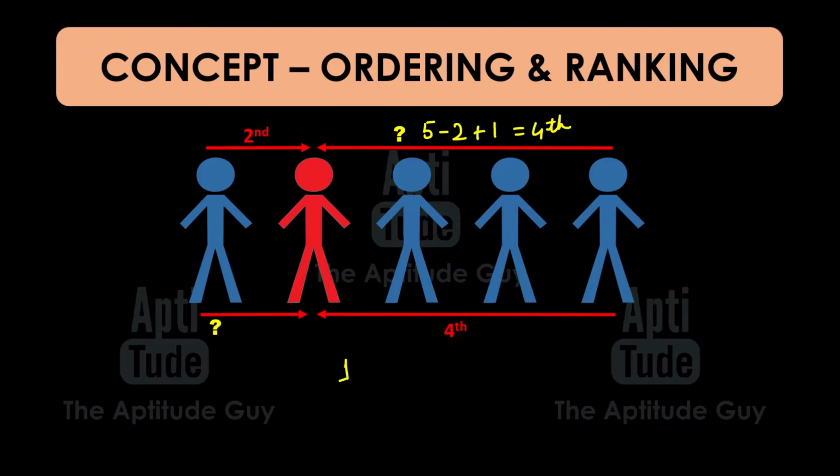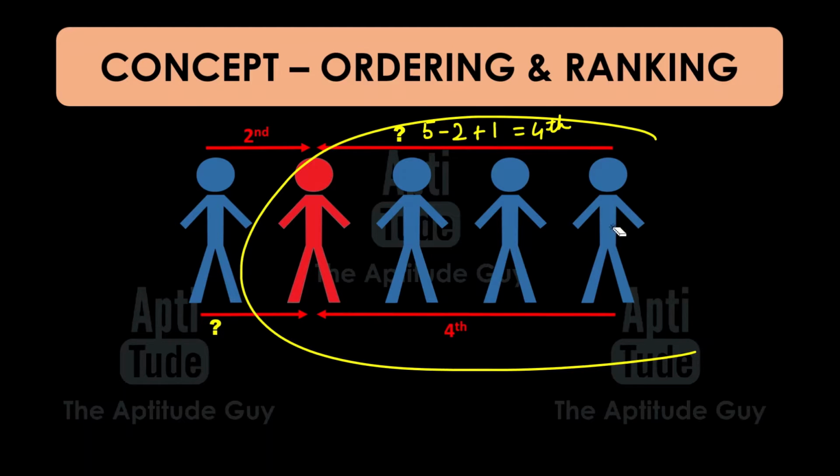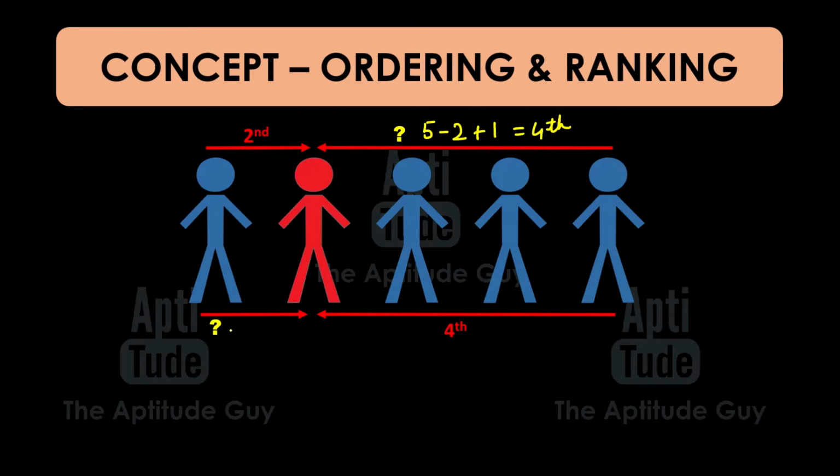But is 1 the correct answer? Absolutely not. You can count. It is 1 and 2. Again, the same issue is happening. If you do 5 minus 4, you are removing this guy, but we need to add him back. So the answer will be 5 minus 4 and then we add him back, so plus 1. That is second.